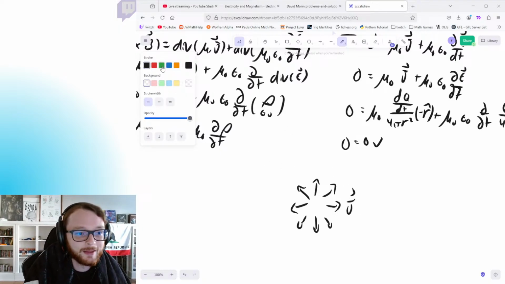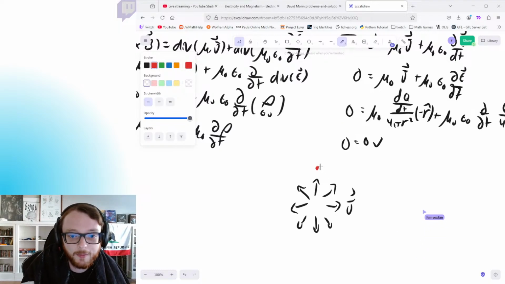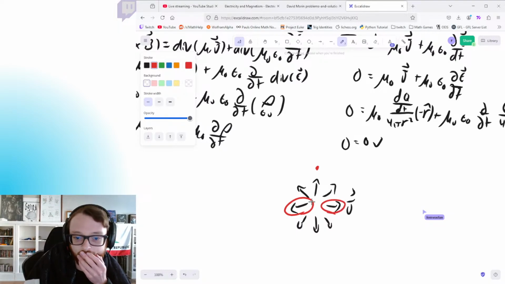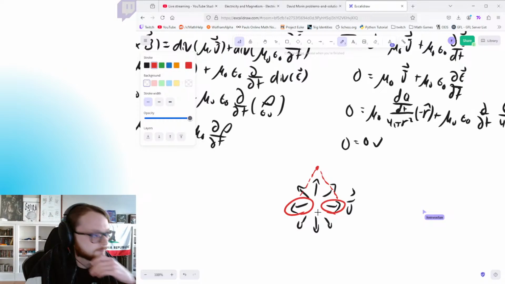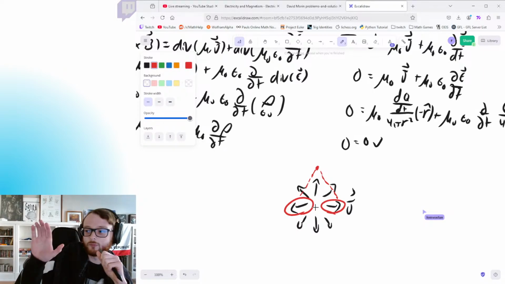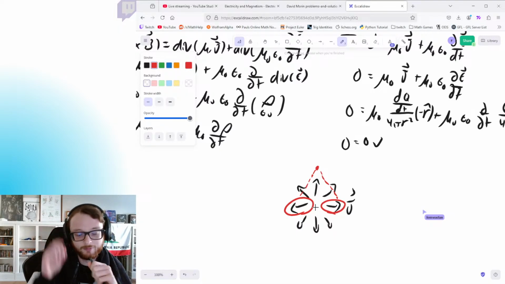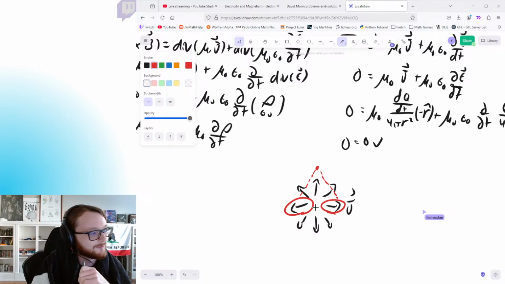Yeah, like that, and you choose this point as your point to calculate the magnetic field at. Apparently, the magnetic field from here cancels the magnetic field from there. I think that's what they're saying. Okay. Does that right-hand rule work out? Yeah, because they're going in opposite directions. Yeah. Okay.